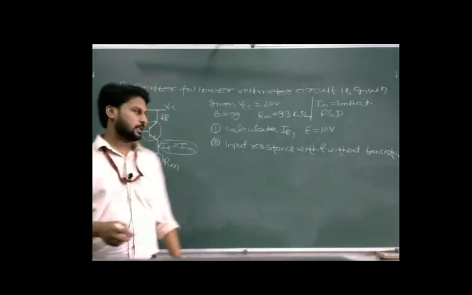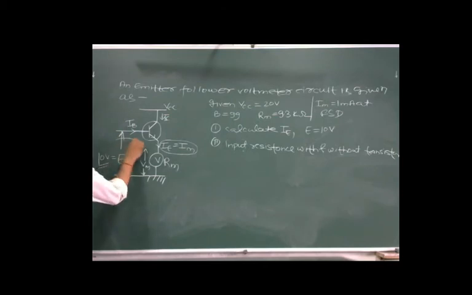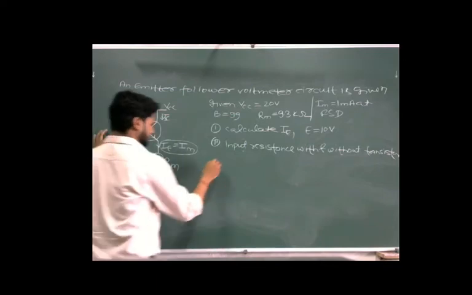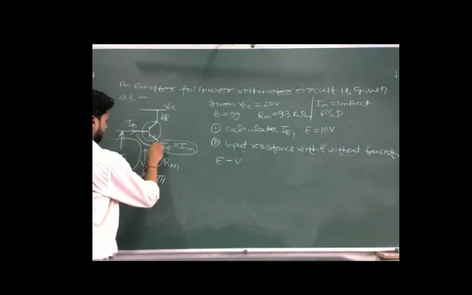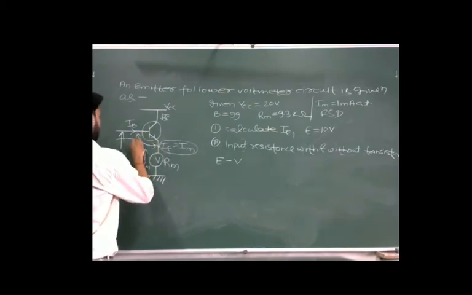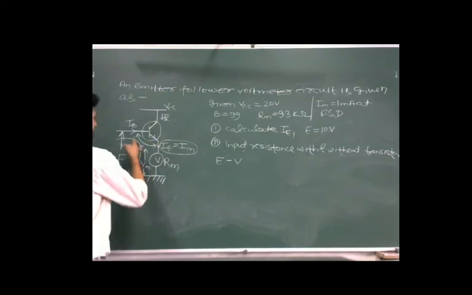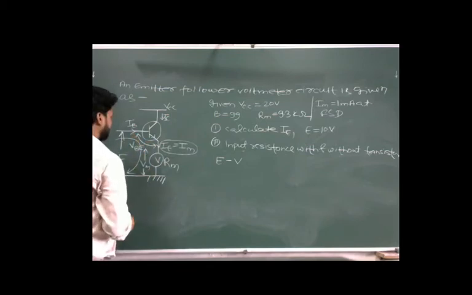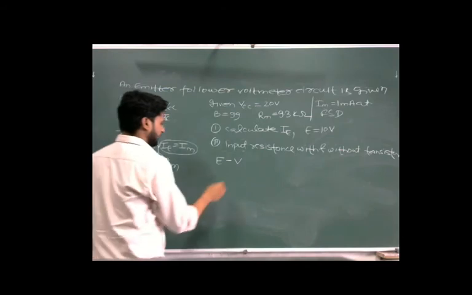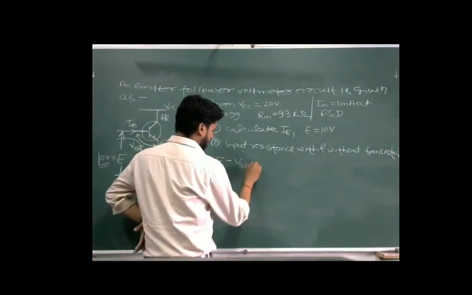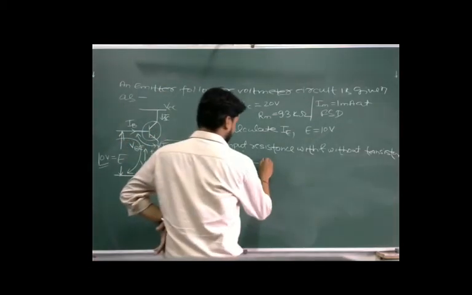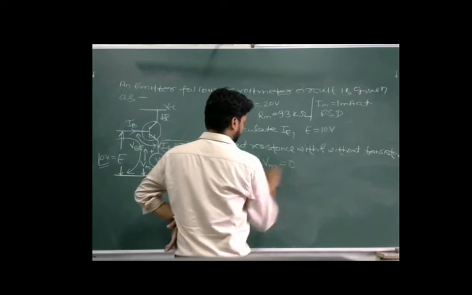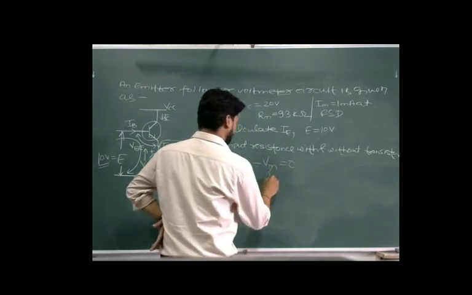How can we calculate Vm? We will apply KVL at the input terminal and we will get E minus VBE minus Vm is equal to 0. This VBE is a potential drop between base to emitter, positive at one terminal and negative at the other.